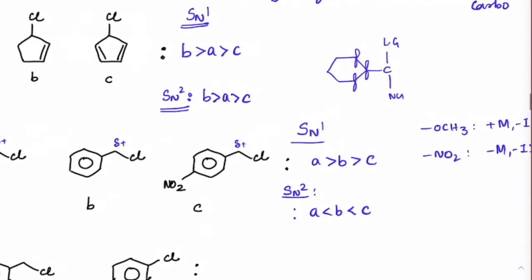Only these initial closer pi bonds will help the transition state, but the problem is for this nucleophile to even approach here, initially it should have delta positive. The more delta positive it is, the more the nucleophile will attack it. So this is a dominant feature compared to the stabilization it gets during the transition state. So initial delta positive is a very important factor here.